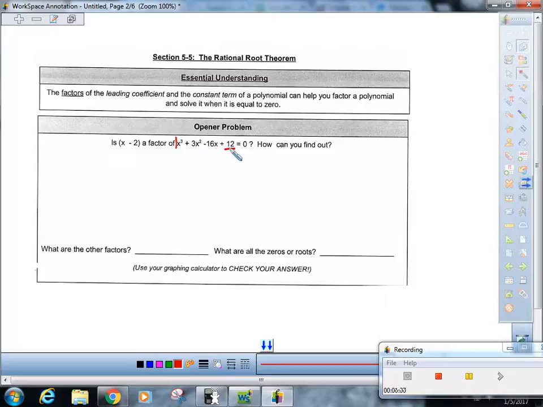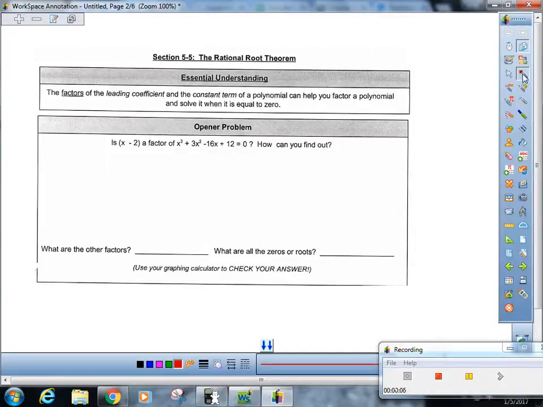So what are we doing today? We are still just trying to figure out where these things equal 0. Obviously, we've been doing it a lot. It's important. So let's get started on this opener, and then I'll give you my little soapbox on this particular lesson, which I think is completely unnecessary, yet still worth doing.